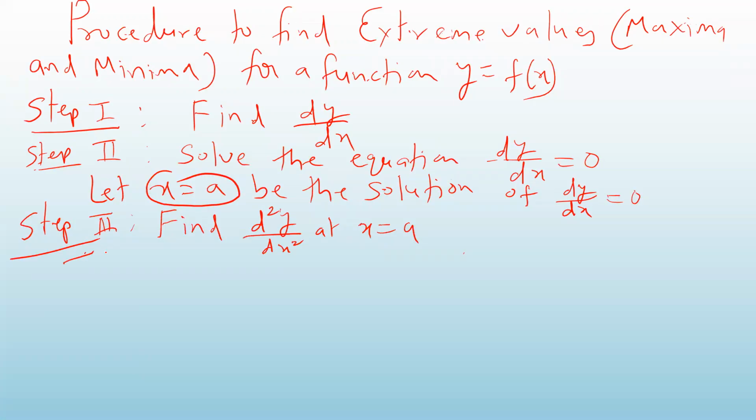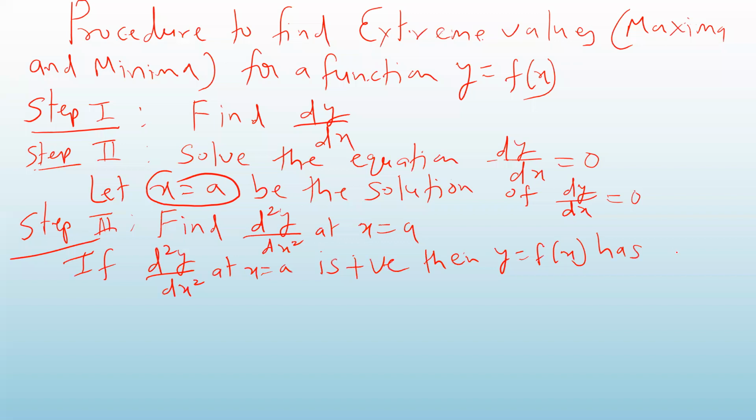So if this second order derivative at the point x is equal to a is positive, you have to only see the sign. If it is positive, then the function has minimum at x is equal to a.